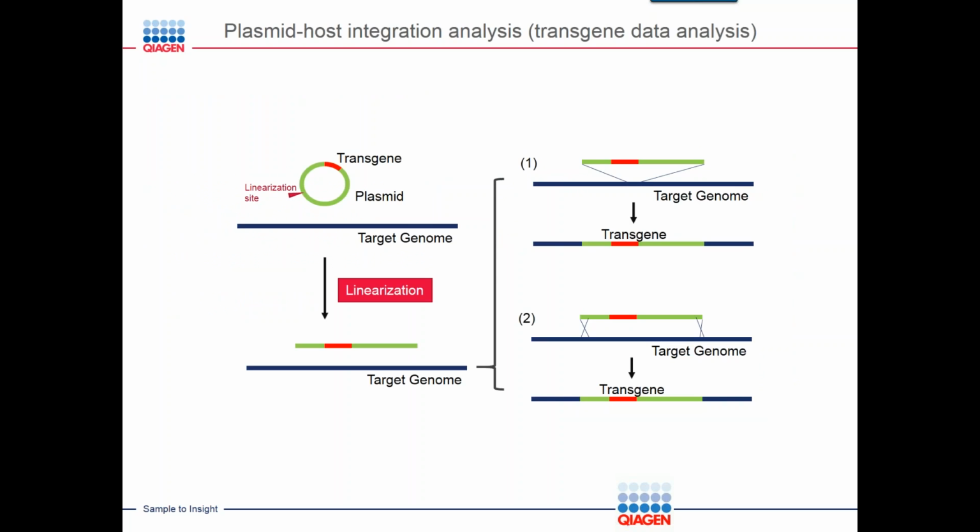The next feature I want to talk about is a very specialized transgene data analysis. We started this analysis about 2-3 years ago, but because this is so specialized, we continued to work with interested parties to customize this process.